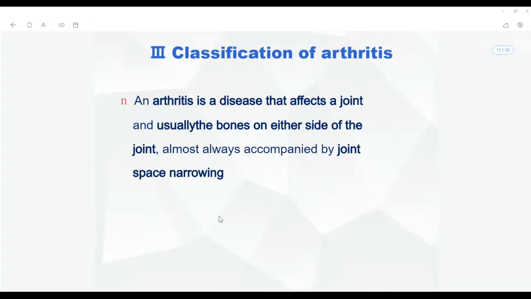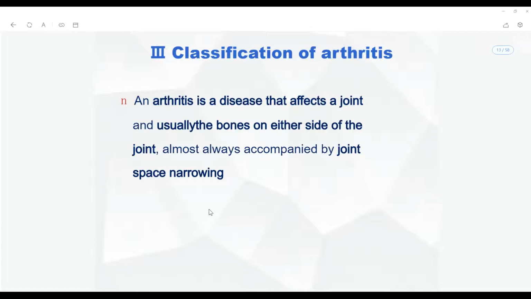So remember one thing, that arthritis can be seen between the bones that are forming the joint on either side, on the proximal and the distal side, and there should be a space narrowing.